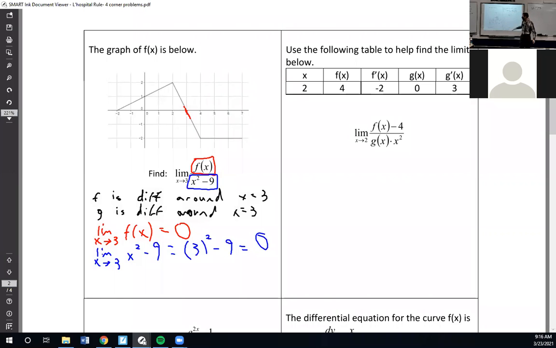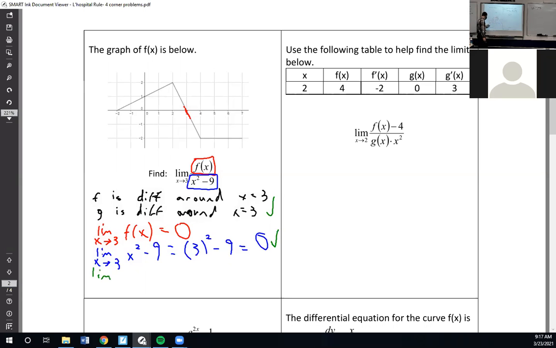So because f and g are differentiable, and our top and our bottom give some indeterminate form, we've got our two things. We would write L'Hopital's rule can be used, if I had more room on this square. But I need to actually do the limit.